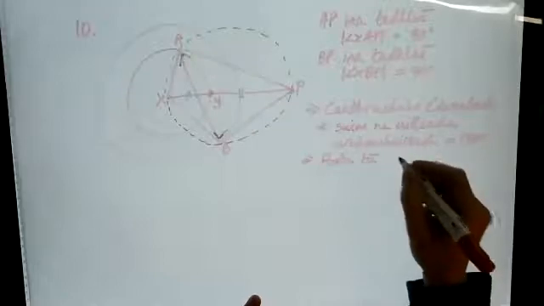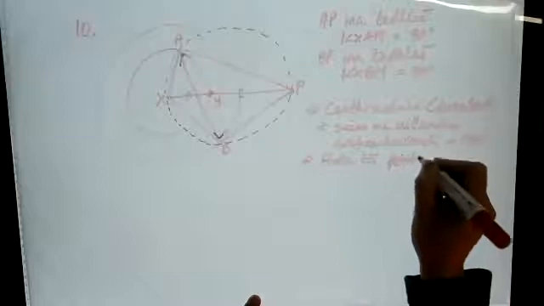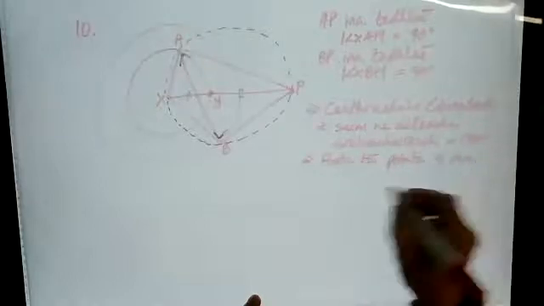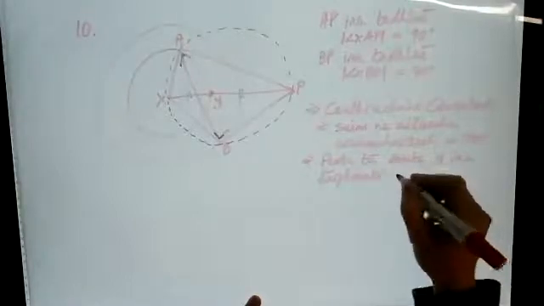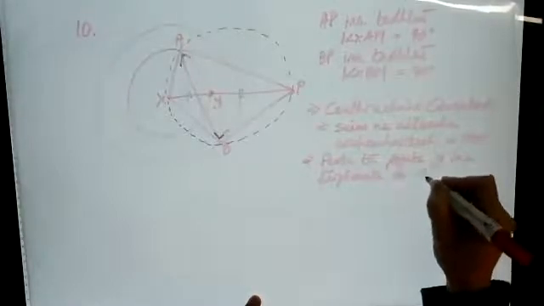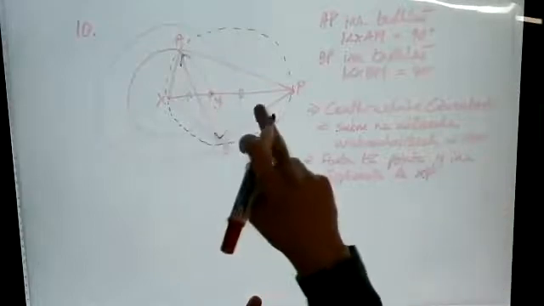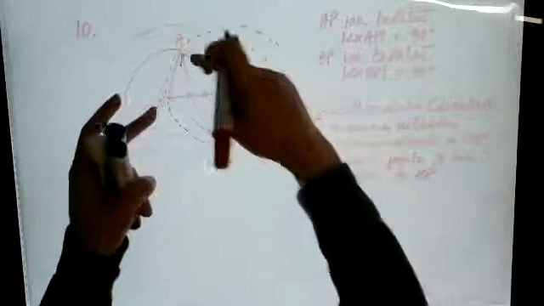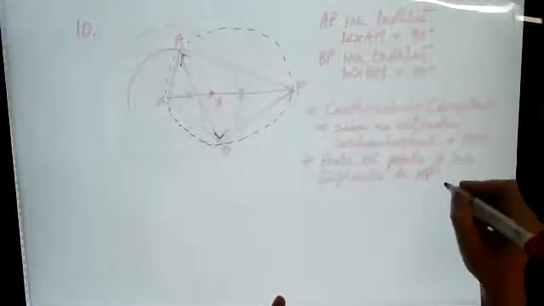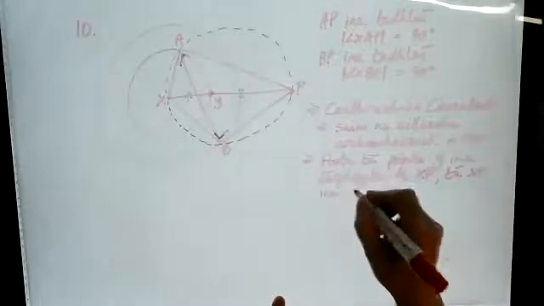Because Y is on the line XP, then that's going to look like a diameter because the 90 degree angle is going to XP.